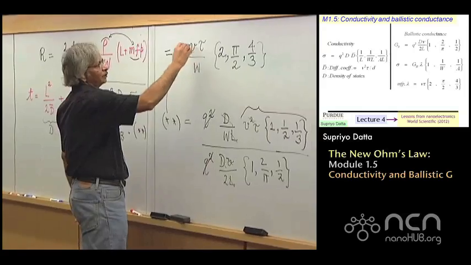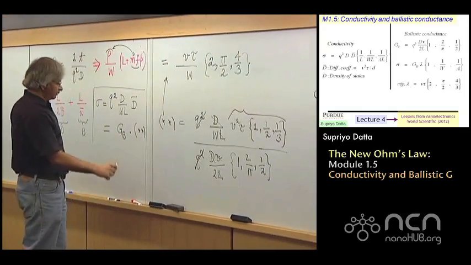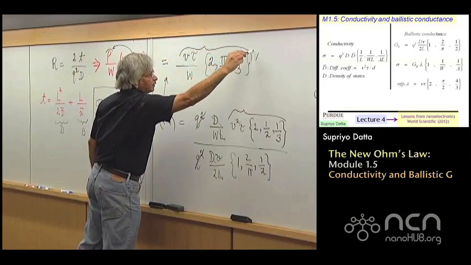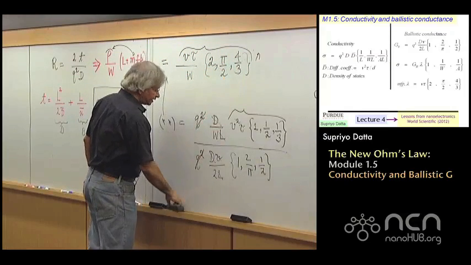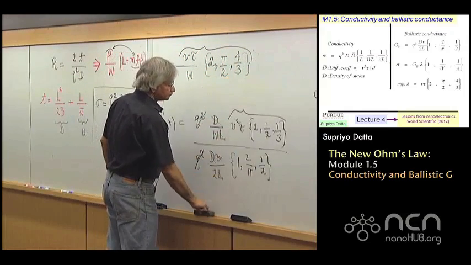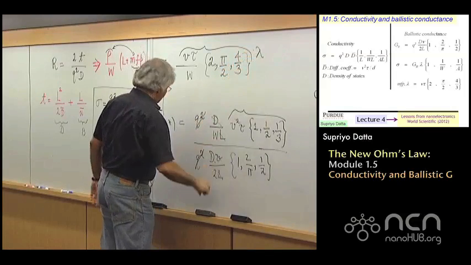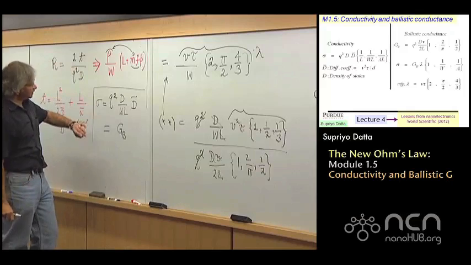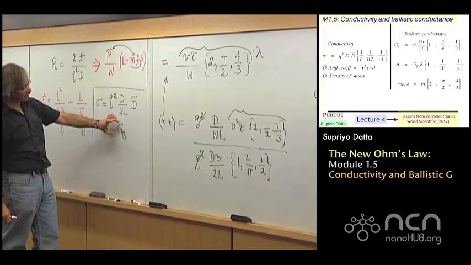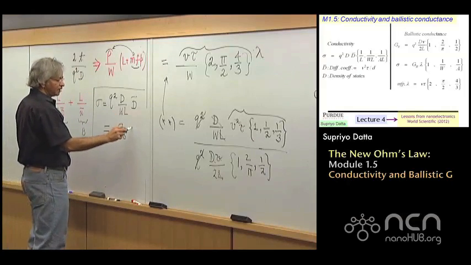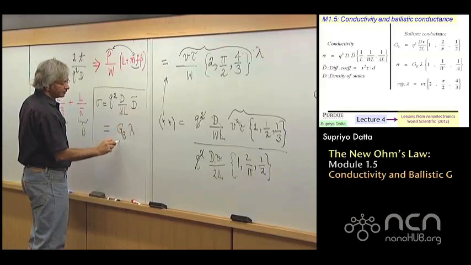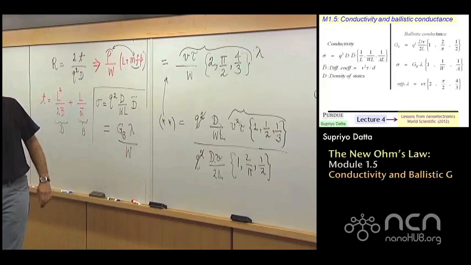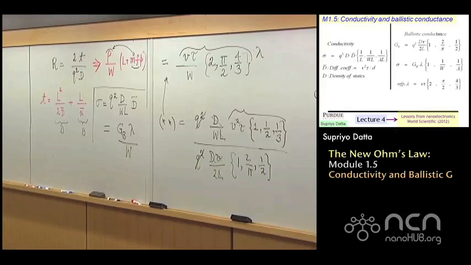The numerical factor though is somewhat arbitrary, but this is what we usually call the mean free path, and we write it as lambda. So in terms of the result here, conductivity is ballistic conductance times mean free path divided by W. That is an expression we'll have occasion to use later.